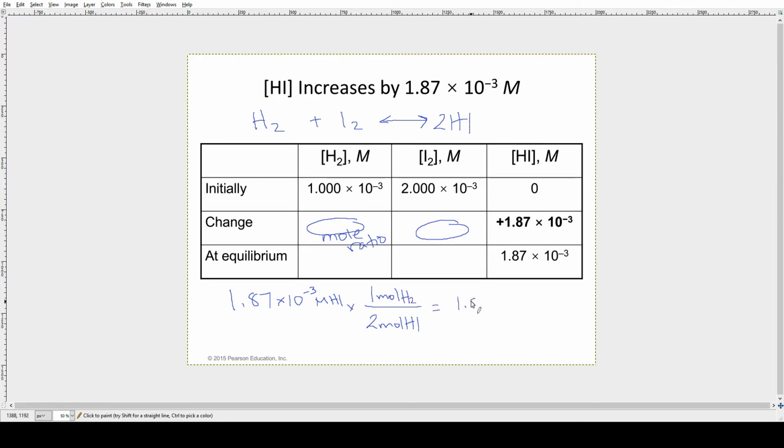So I need to take this number and divide it by 2. And that is what's going to go here. And since we have the same relationship for iodine, oh, I should probably put the lines here, there, then this number will be the same. So that's what the next slide will have.